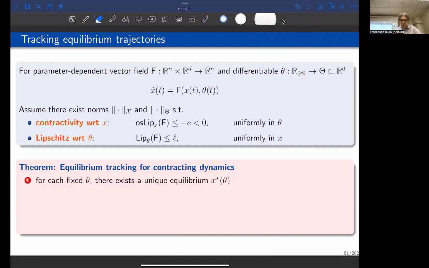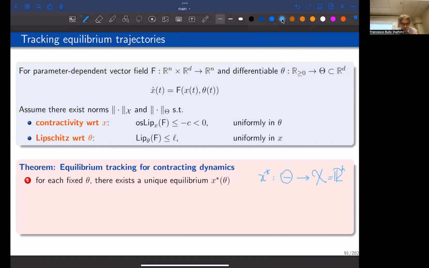So there is a function x star from the set of parameters into R^n, the state of the system. You give me a value of the parameter, there is a global optimum, and my dynamics will go to it. And then you play the game that, oh, I'm going to change the parameter. And then I am the contracting dynamics, I'm trying to go there. And then you change the parameter, and I'm trying to go there, right?